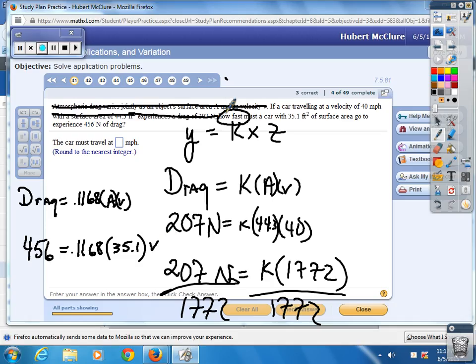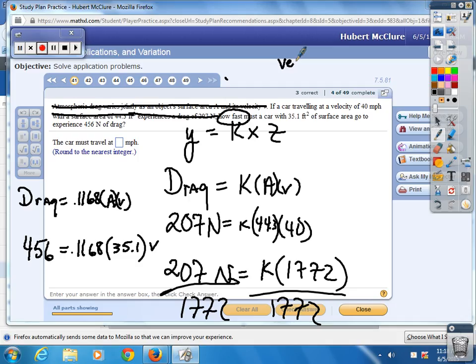Velocity, acceleration, speed, and rate. In mathematics, they're all the same. For instructional purposes only, those four things are similar when you're talking about these type questions.